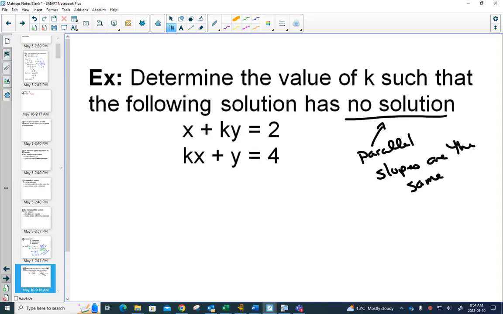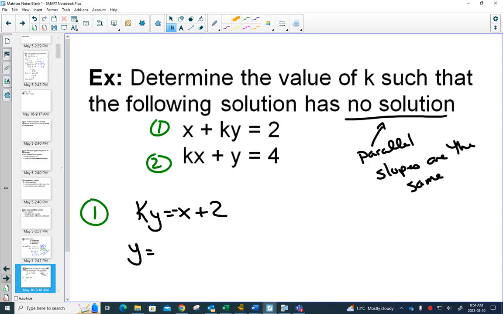So if I rearrange equation 1 and equation 2, start with equation 1 here, I can move the x over, divide everything by k, that would be equation 1's y equals mx plus b.